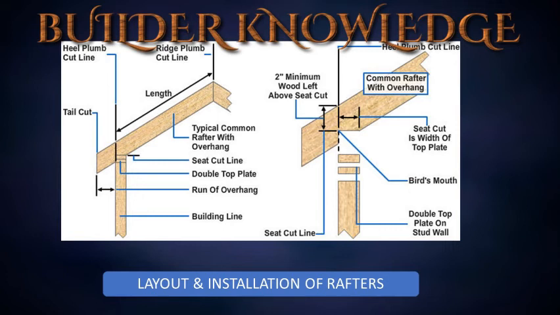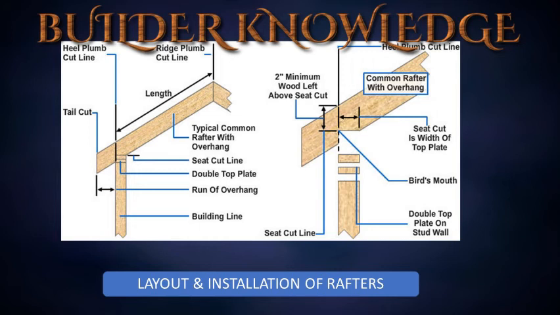This line is the seat cut line. Reminder, the seat cut should not be deeper than 1/3 the length of the plumb cut. In addition, the amount of stock remaining above the seat cut is referred to as the stand or height above plate, HAP, and it is added to the total rise. The length of the seat cut equals the width of the top plate.